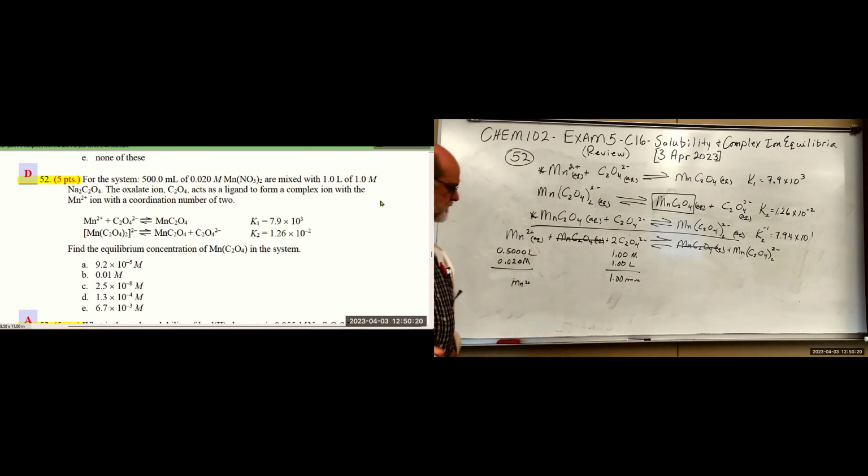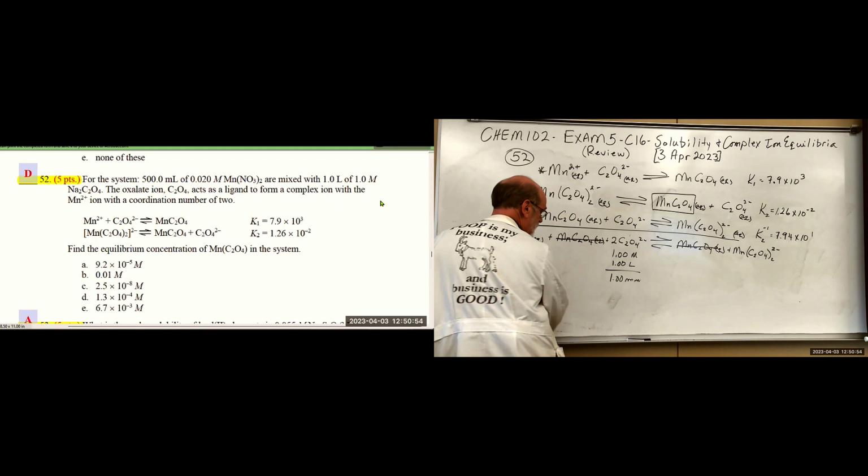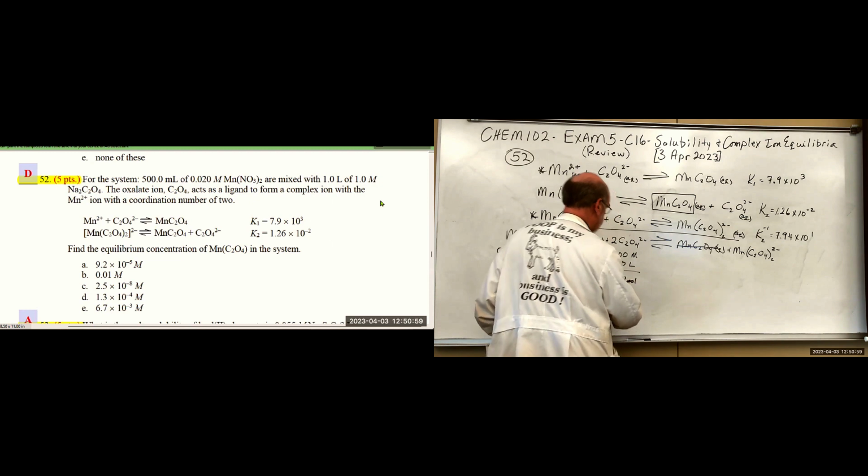So 0.5 liters times 0.02 is 0.0100 moles. And here we have 1 molar times 1 liter, which is 1 mole of oxalate.